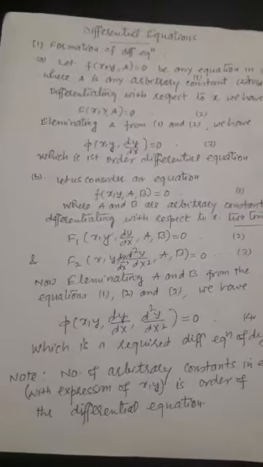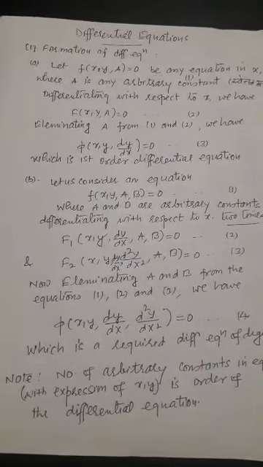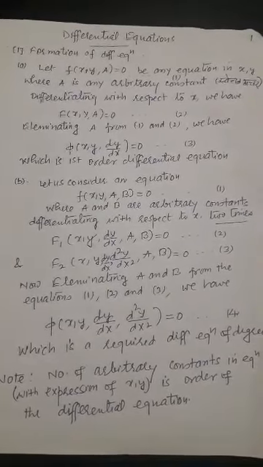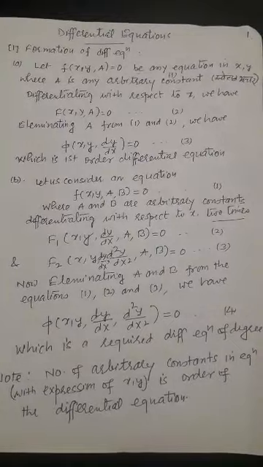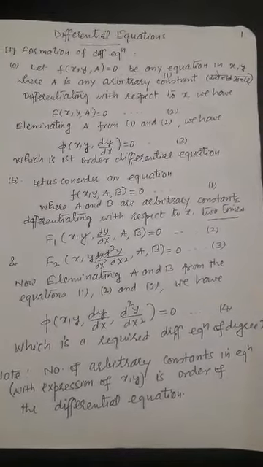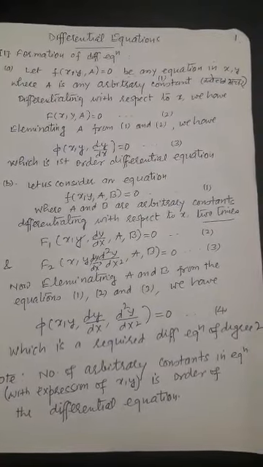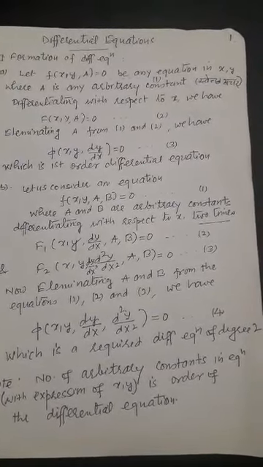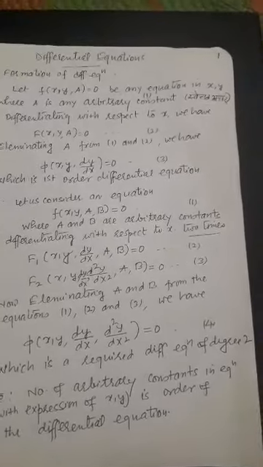Now note, the number of arbitrary constants in the equation with the expression of x and y, dependent and independent variables, is the order of the differential equation.